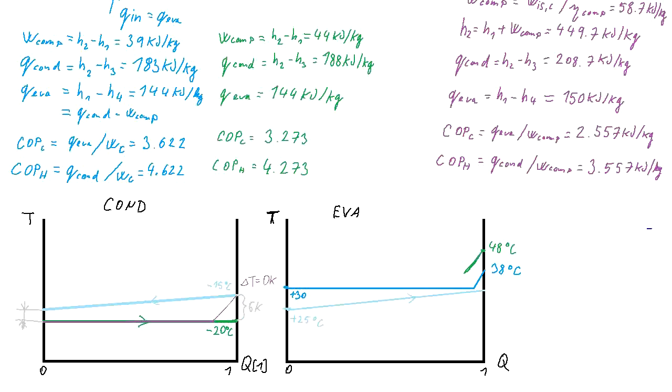So the temperature profile will look like this, where we had 35 degrees C condensing temperature, 30 degrees C the end point, and 48 degrees C the start.